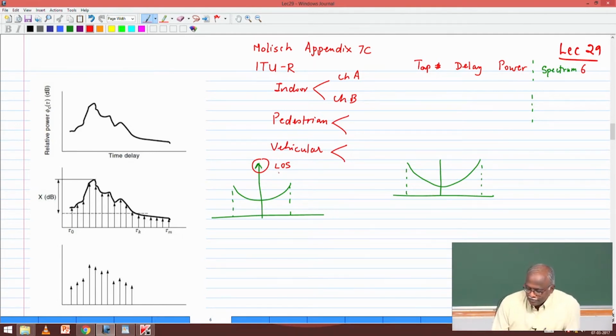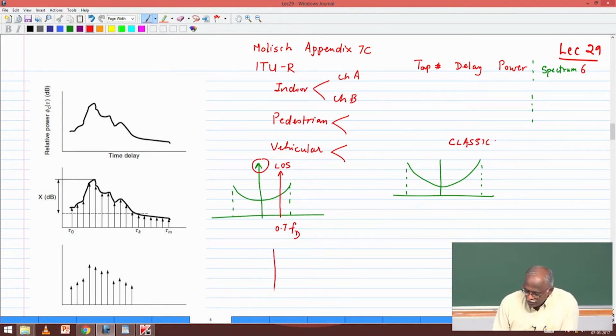Sometimes they will specify that the Rayleigh is at 0.7 of FD max or FD. Some of those are given to you. Now there is a spectrum called the classic spectrum, which is also known as the Jake spectrum.